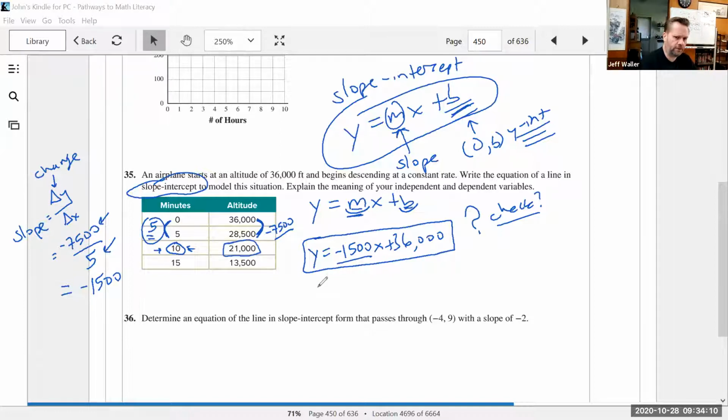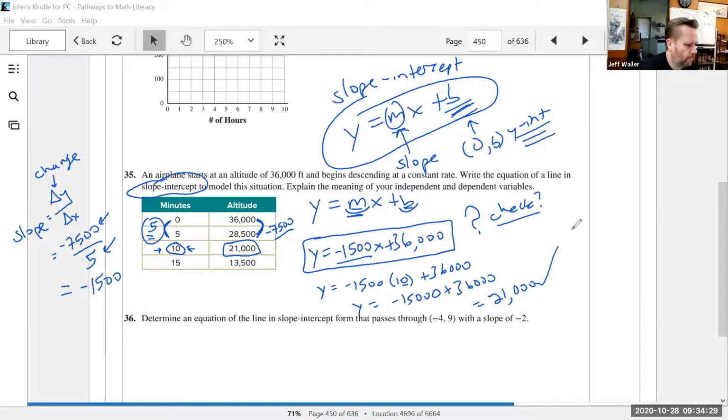So if I put a 10 in, let's see what we get. We get negative 15,000, and then one more 0. So negative 15,000 plus 36,000, sure enough, is 21,000. Check. Do you guys see that? The equation is supposed to capture all the points this line goes through. So how do you check any equation that you get? Put a point in, make sure it works.